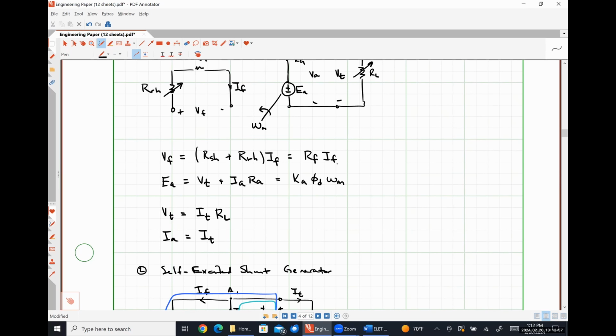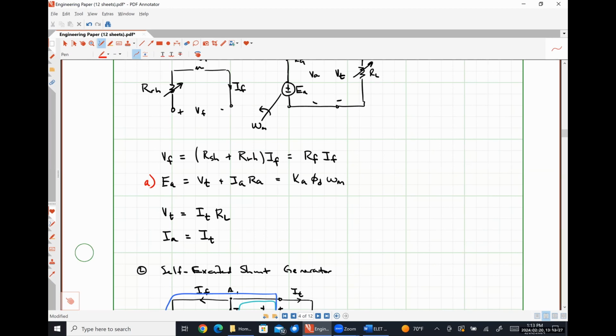We're told that the device is operating at full load, which means that VT is just going to be VT rated and IA is just going to be IA rated. So it seems to me like we would use this equation right here to solve for part A pretty much directly, because we have all of the constituent pieces of this equation, right?